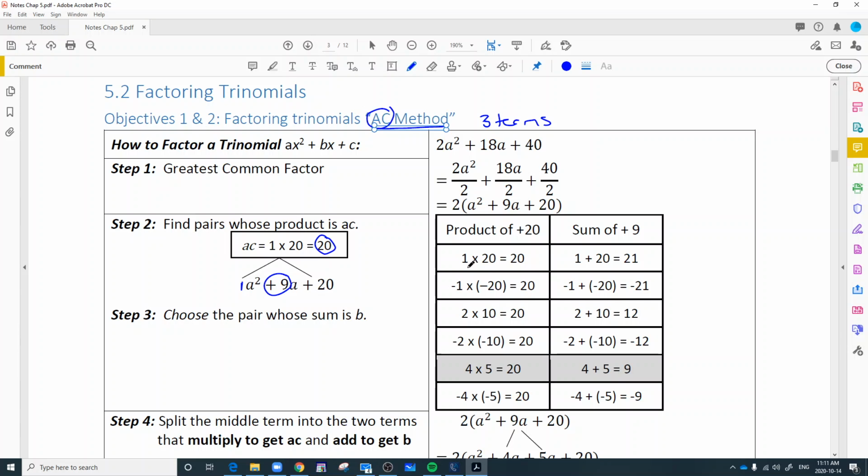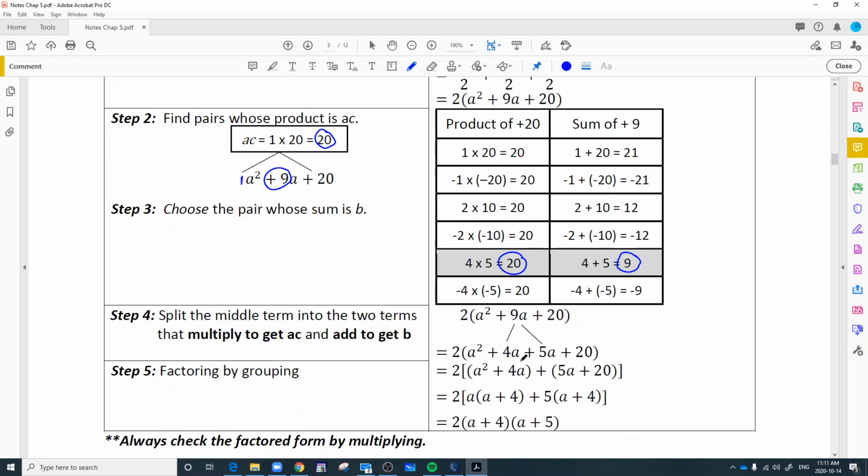So if you chose 1 and 20, that makes 21. If you chose negative 1 and negative 20, that makes negative 21. 2 and 10, that makes 12. Negative 2 and negative 10, negative 12. 4 and 5 makes 9. Or negative 4 and negative 5 makes negative 9. We want the sum to be positive 9 and the product to be 20. So we're going to choose 4 and 5.